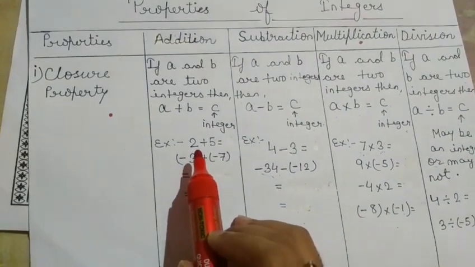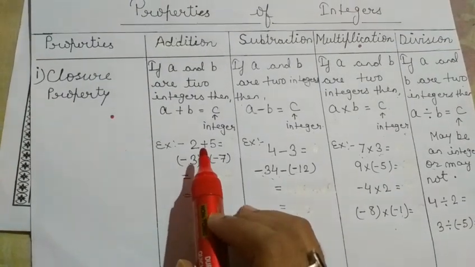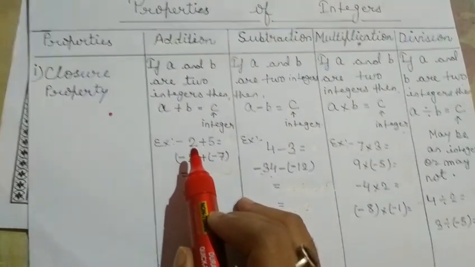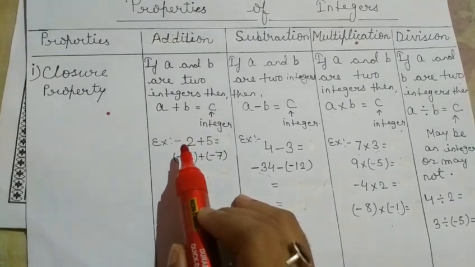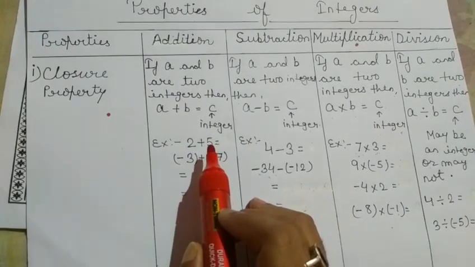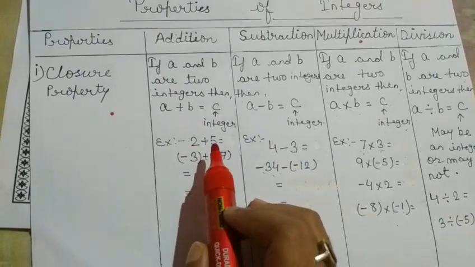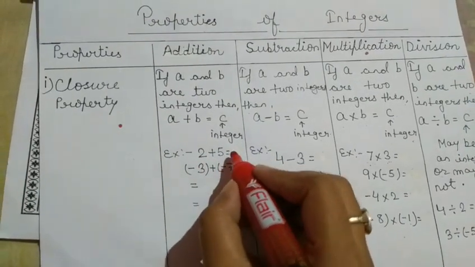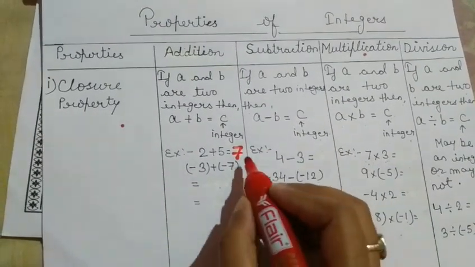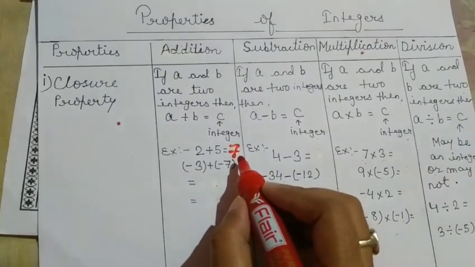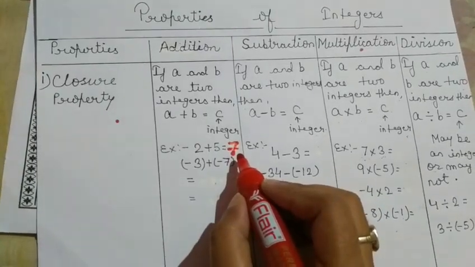We will check it by an example. First example is 2 plus 5. 2 plus 5 both are positive integers, and when we add it, 7 comes. What is 7? 7 also is an integer.